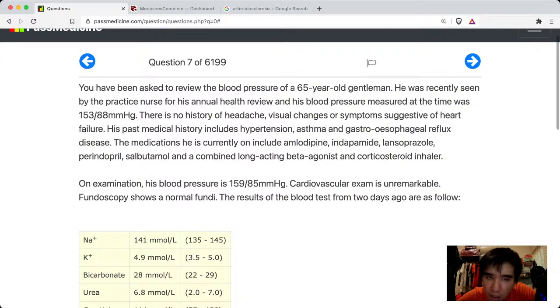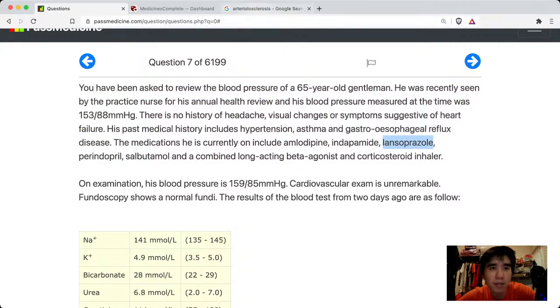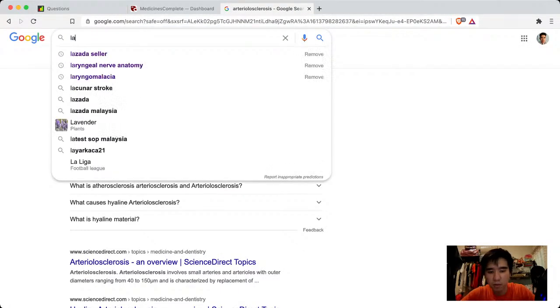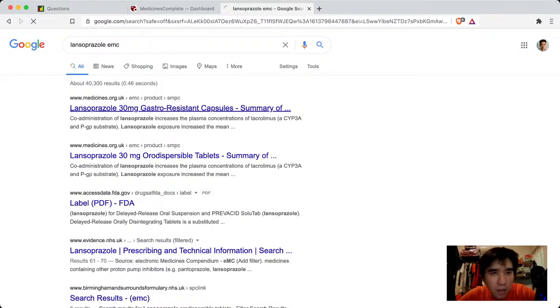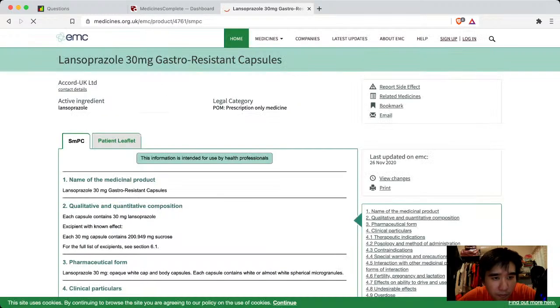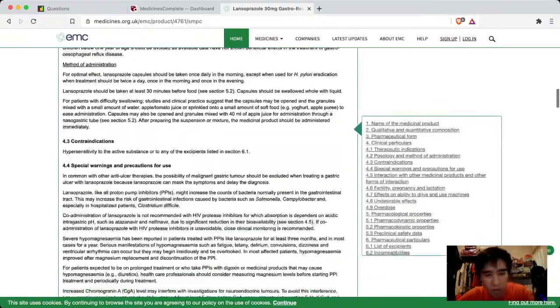So what blood pressure medication is he already on? Amlodipine is a CCB. Indapamide is a thiazide-like diuretic. Lansoprazole is a proton pump inhibitor.